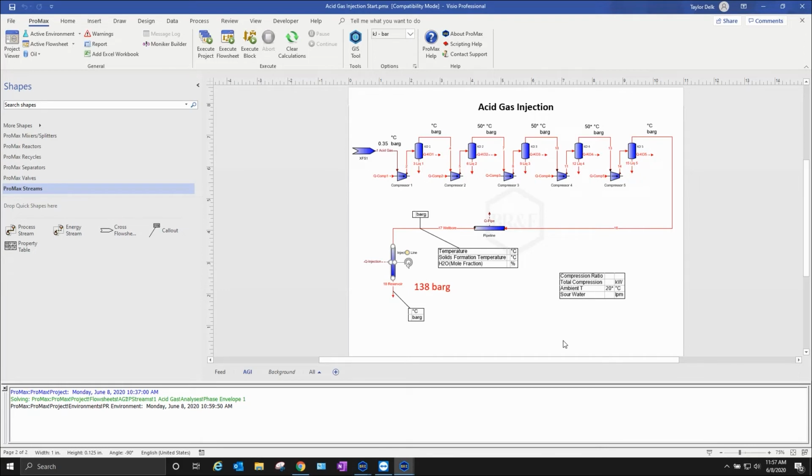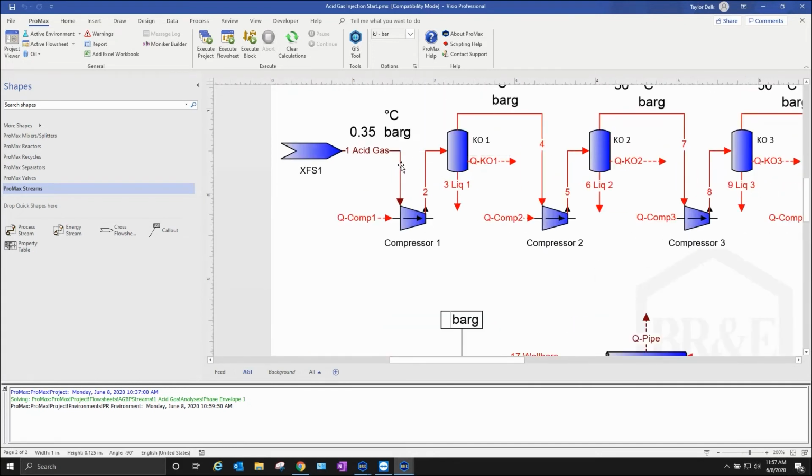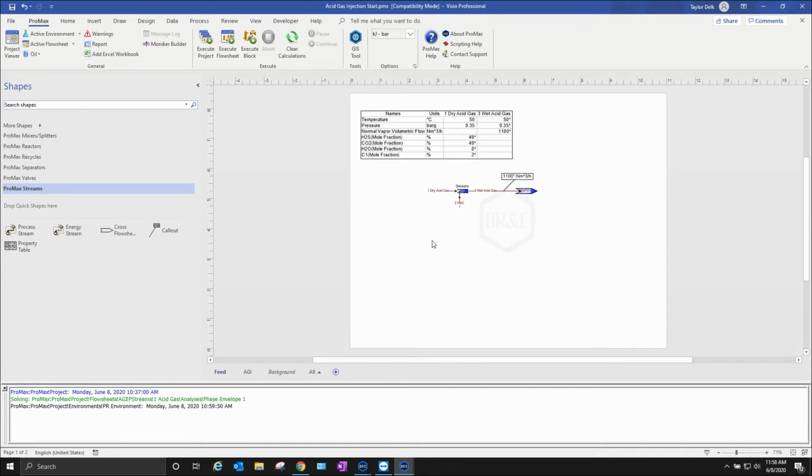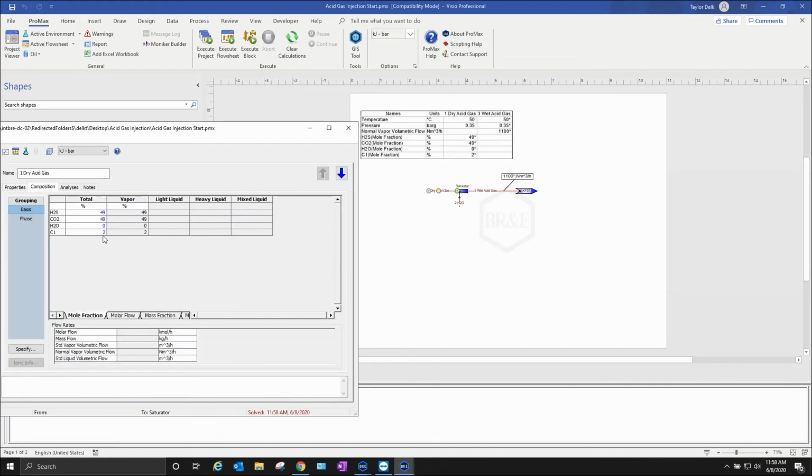Now, this system is not yet ready to execute. You can see that we have a maroon stream here for our acid gas. What that means is it can be calculated, it can be populated with a temperature, pressure, composition, and flow that we need to fully define a stream, but it just hasn't been yet. So if we hop back over to our feed page, you can see that we had some kind of dry gas analysis on our acid gas, and we put that in there.